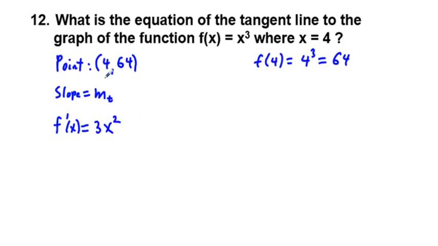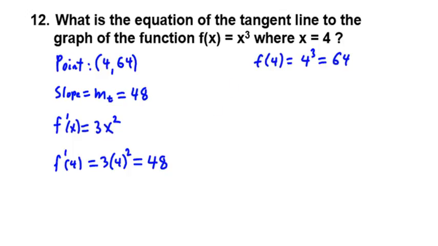And now if we plug in 4, f prime of 4 is equal to 3 times 4 squared. Well, 4 squared is 16. 3 times 16 is 48. So we say m sub t equals 48.